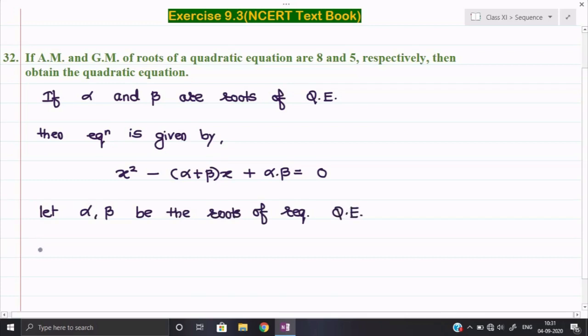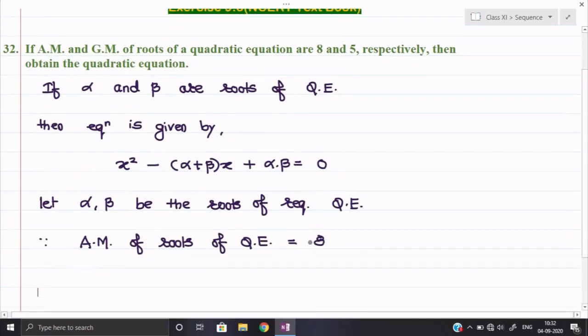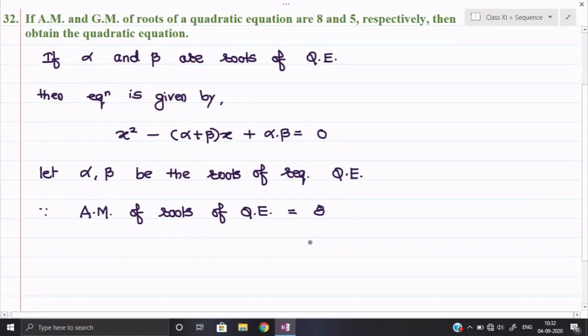Now what is given is that the arithmetic mean of the roots of the quadratic equation is given to us here as 8. You can check: the arithmetic mean of the roots of the quadratic equation is given here as 8.